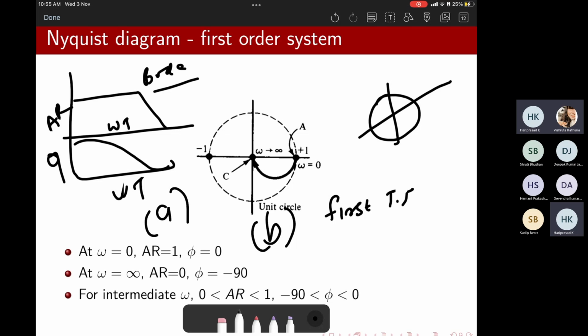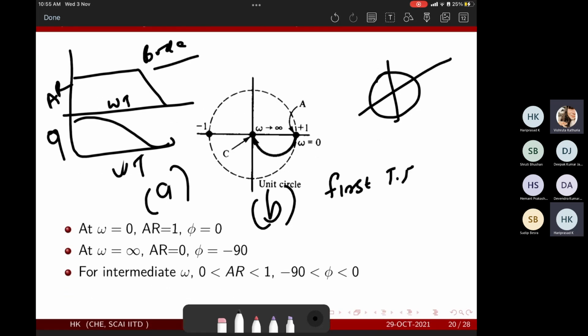Just like in our Bode plots, when omega goes to 0, AR goes to 1. Here also we have the same thing. And when omega goes to infinity, AR goes to 0. In the Nyquist diagram also there is the same relation. Perfect, so everything is the same. I'm saying this 1 and 2 is compressed as 3.